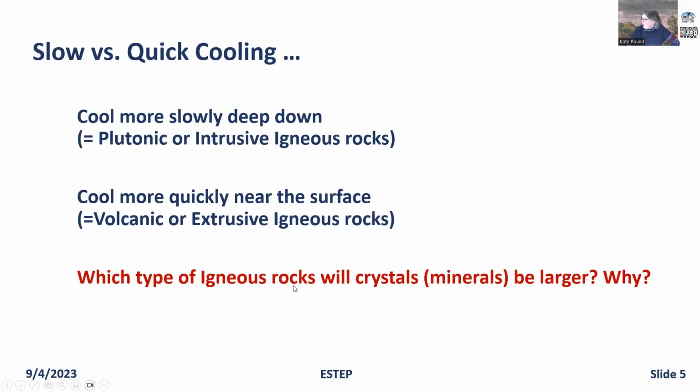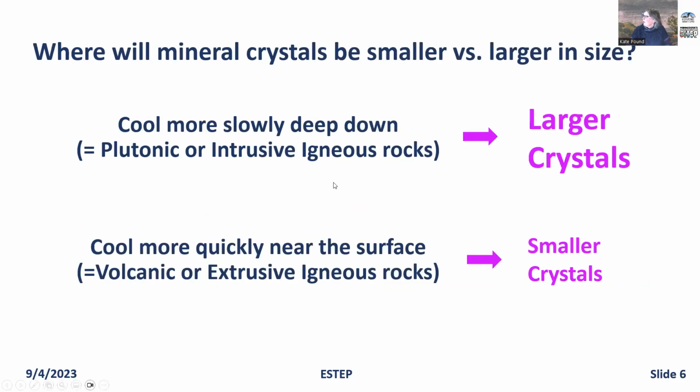So I want to know, will quickly cooled material have larger crystals, or will slowly cooled material have larger crystals? What are you thinking? Well, let's take a look. So here it's stated much more clearly. Where will mineral crystals be smaller versus larger in size?